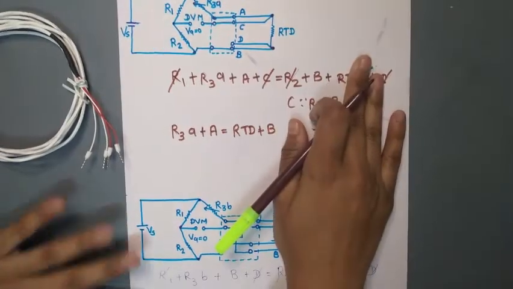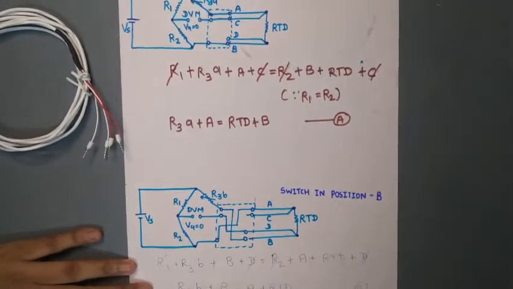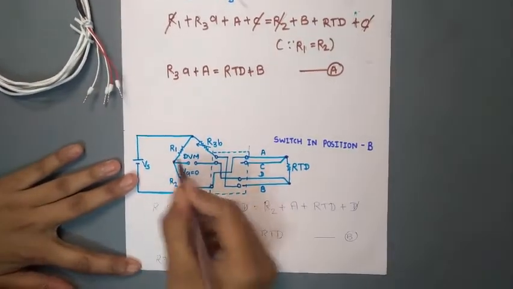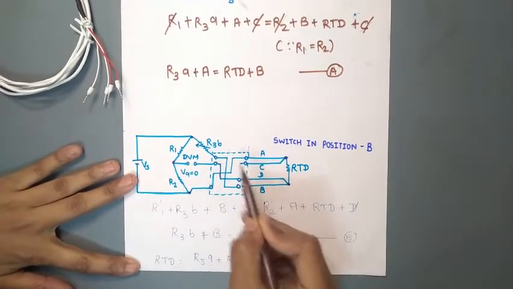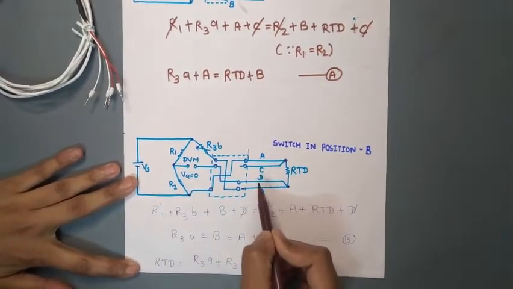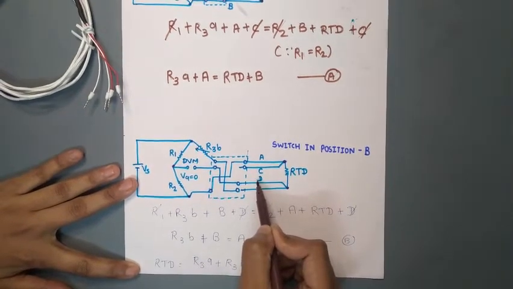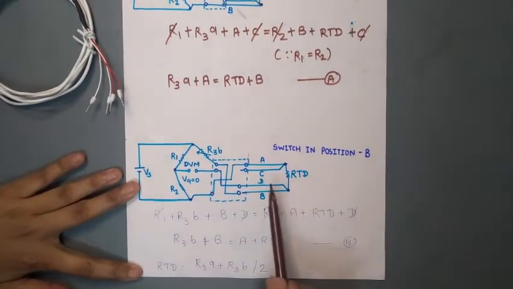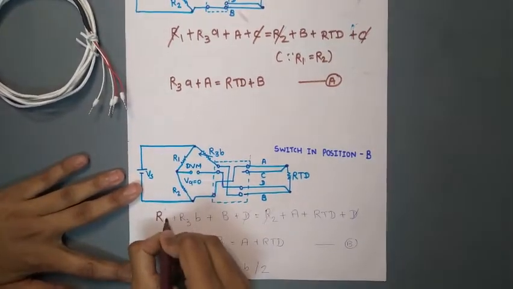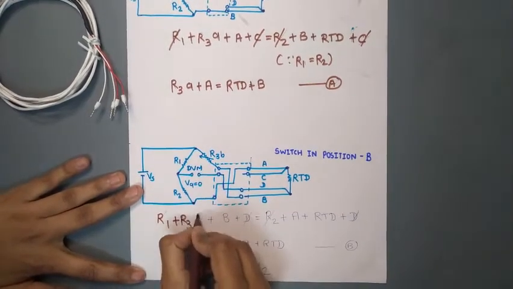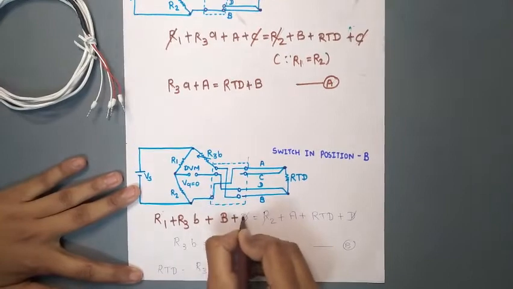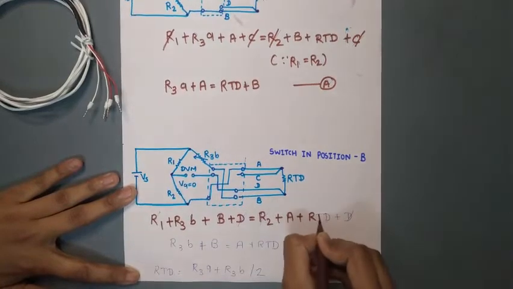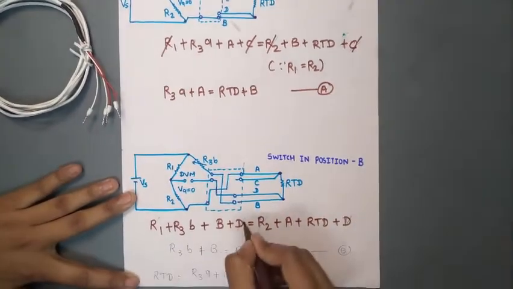Now we will move on to the second one. Here the first half of the bridge is equal to the second half of the bridge: R1 plus R3B plus B plus D is equal to R2 plus A plus RTD plus D. Now D and D got cancelled.